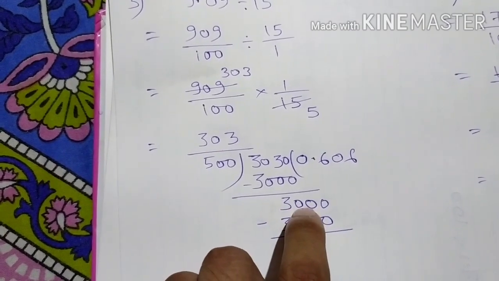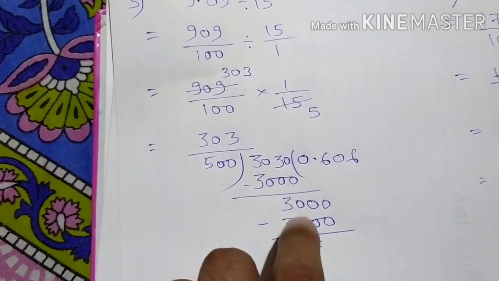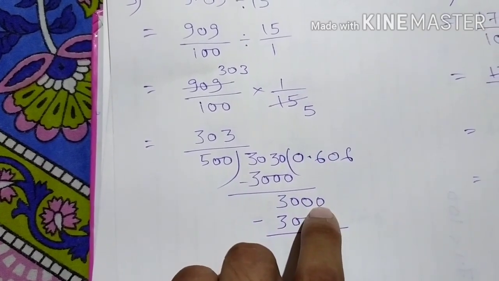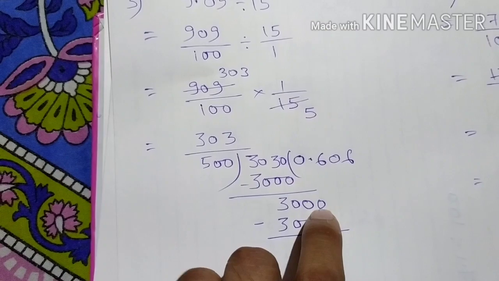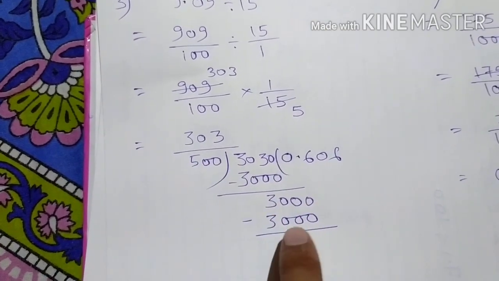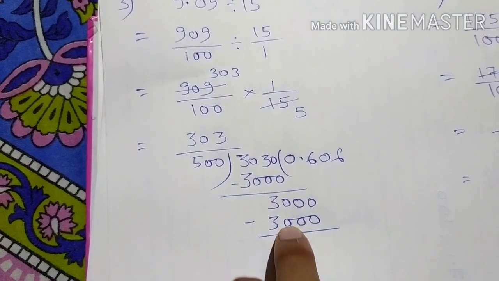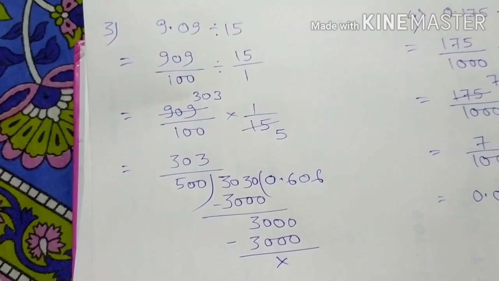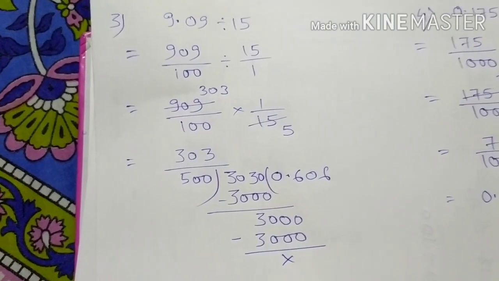Now here 300 and here 500 not divisible. So again you have to put 1 0 and here again 1 0. Now it becomes 3000. So 500 into 6, 3000. So the answer is 0.606. Okay.